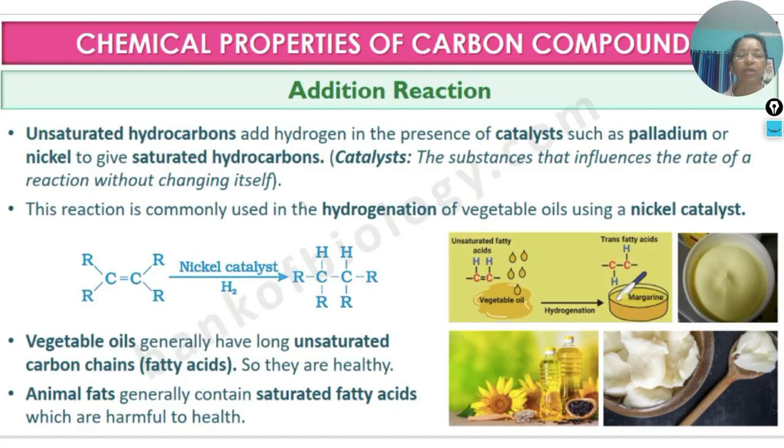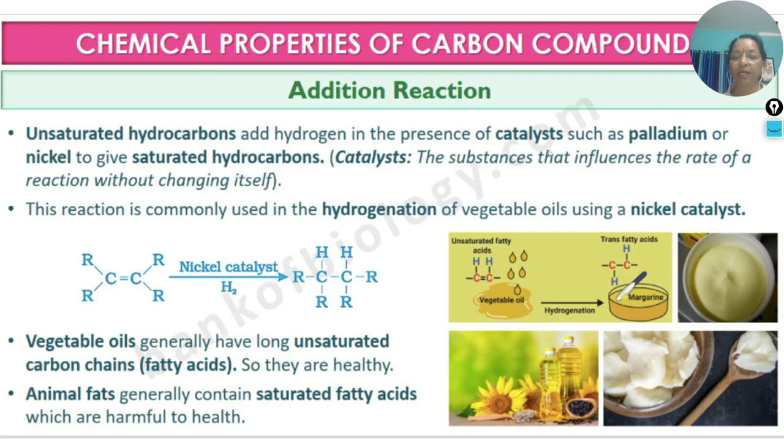Then next reaction: so combustion, oxidation, and third is addition reaction. We know addition takes place only in the case of unsaturated hydrocarbons. So unsaturated hydrocarbons add hydrogen in the presence of catalysts such as palladium or nickel to give saturated hydrocarbons.